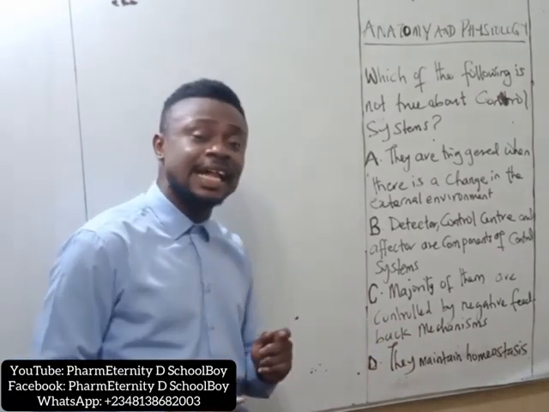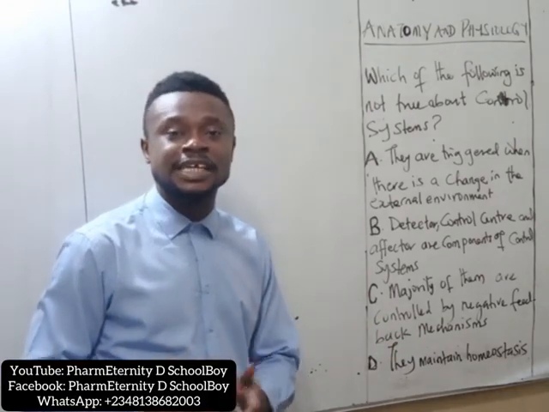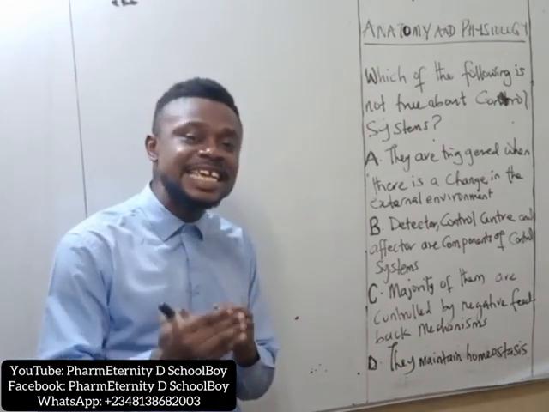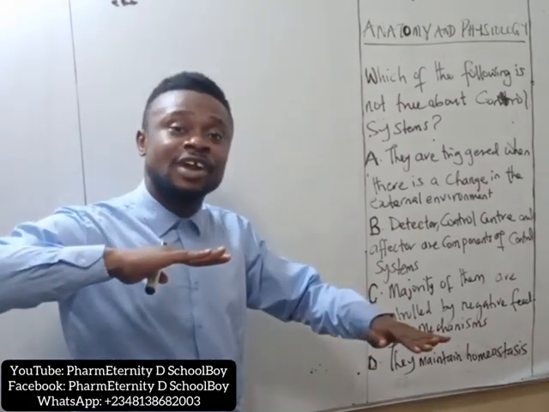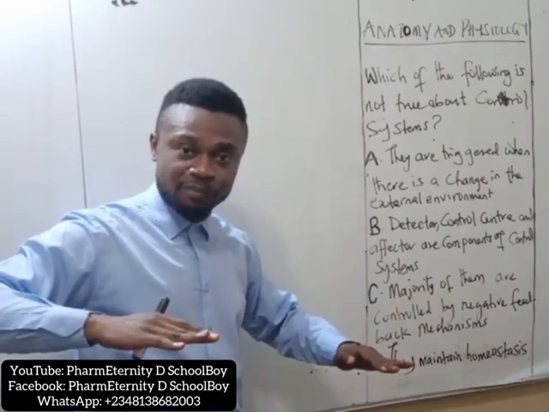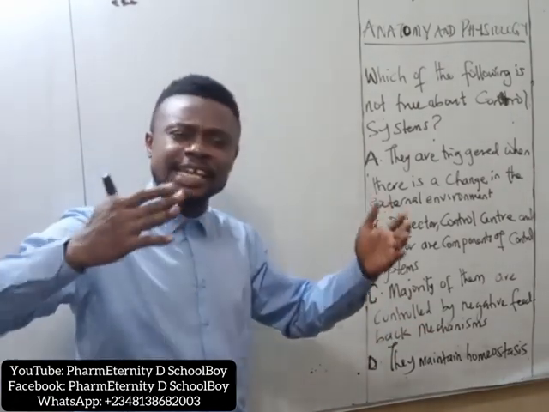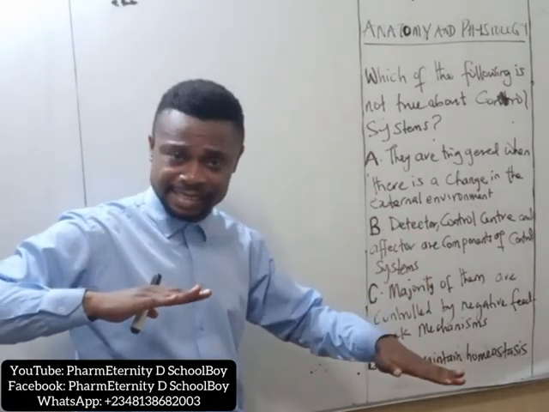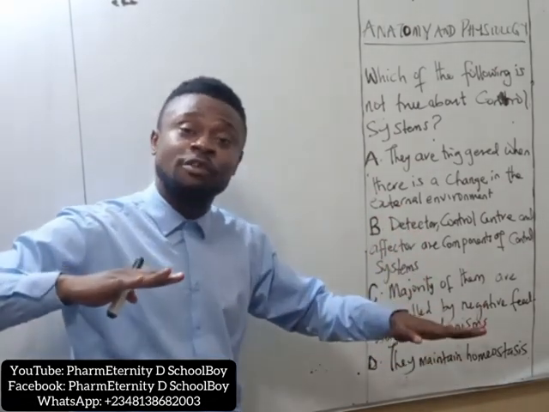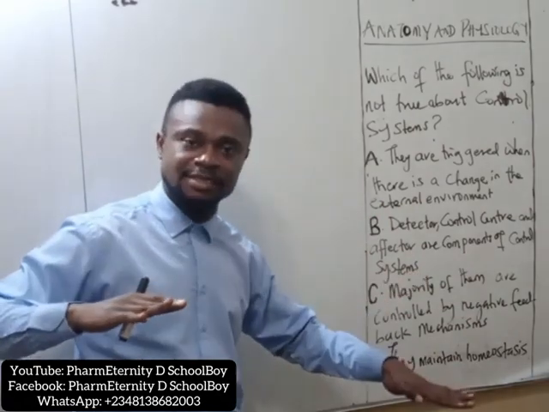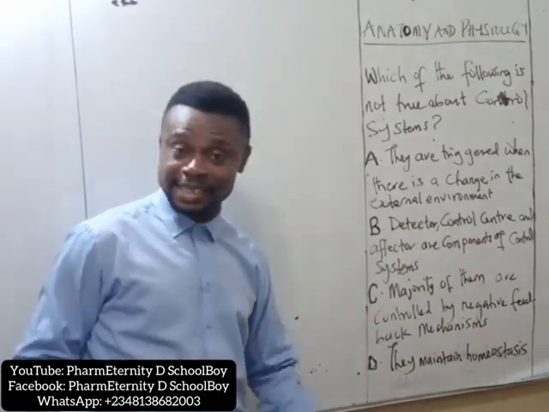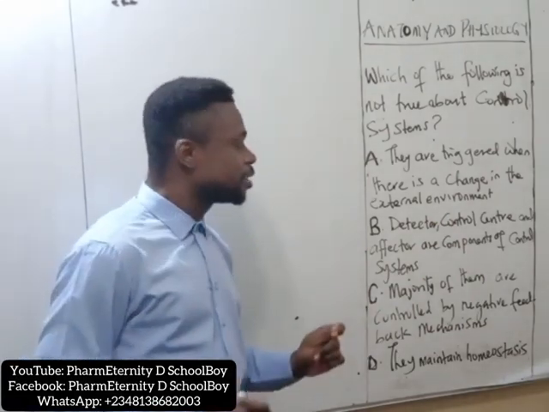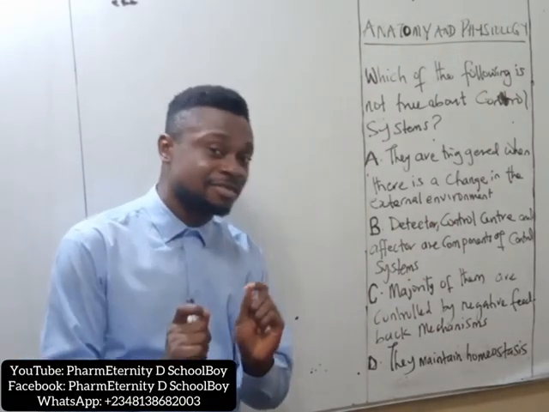Now, for the cell to remain healthy, there is need for regulation of this movement, or in another way, you can say balance, to maintain the health of the cell. There should be balance between what is outside and what is inside the cell. Now, this is basically at the cellular level.